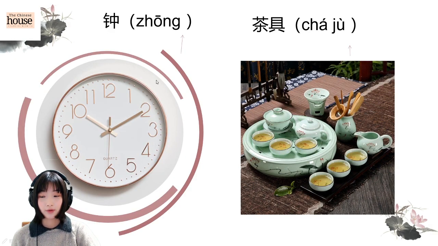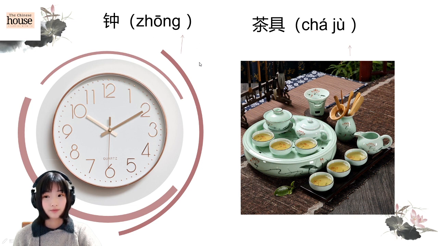And then this is clock, 钟. This part of the character means the word is related to metal. And this part gives the pronunciation. 钟.